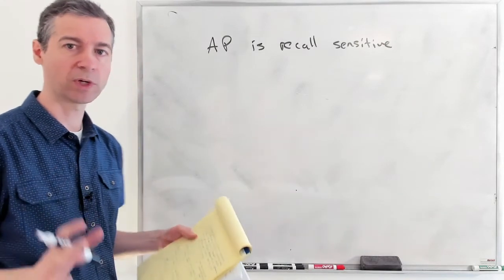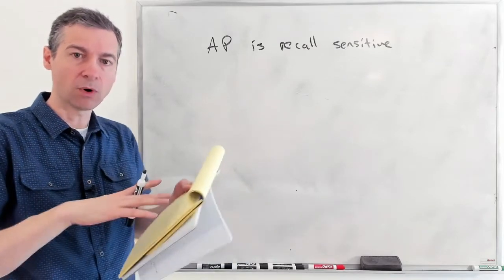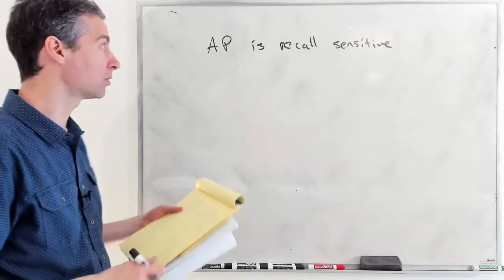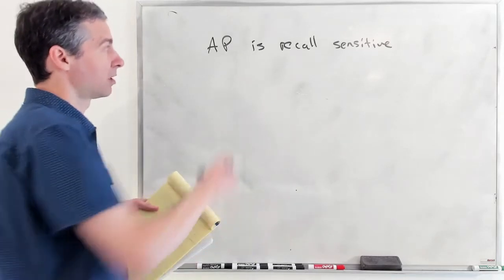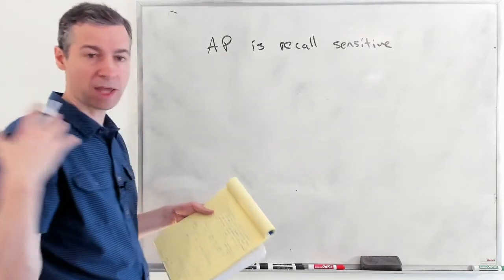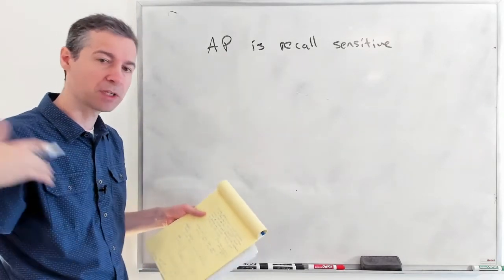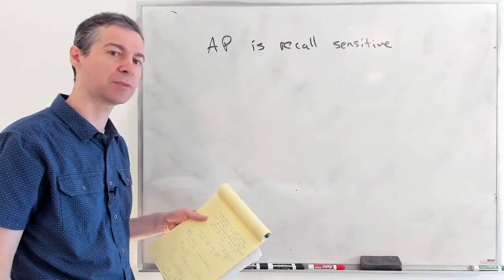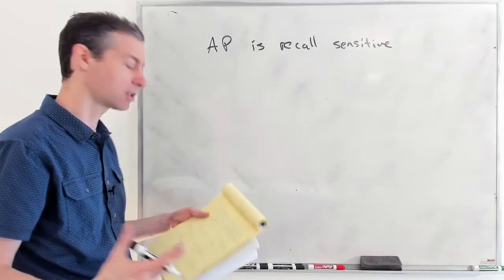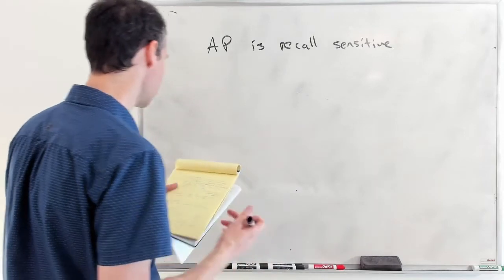To score well, you need to do well overall on all those relevant documents. It might have precision in its name, but it's paying attention to all the relevant documents. And so it's quite recall sensitive in comparison to something like NDCG.